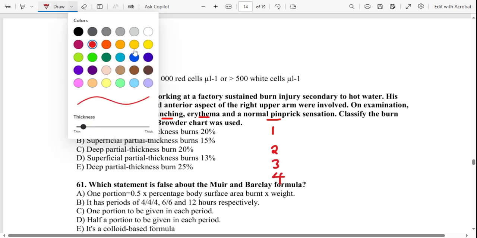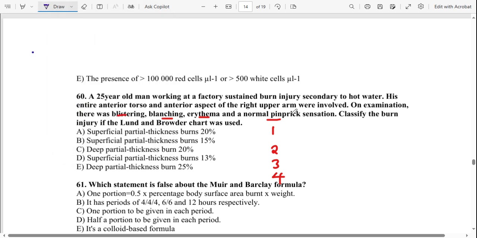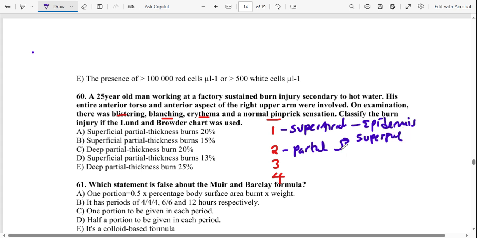First degree burns we also call superficial burns because they only involve the epidermis, the upper layer. Second degree burns we call partial burns, classified into superficial partial or deep partial.